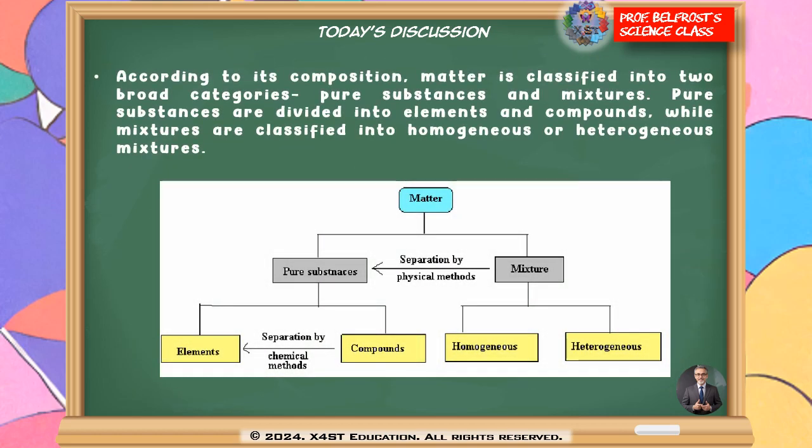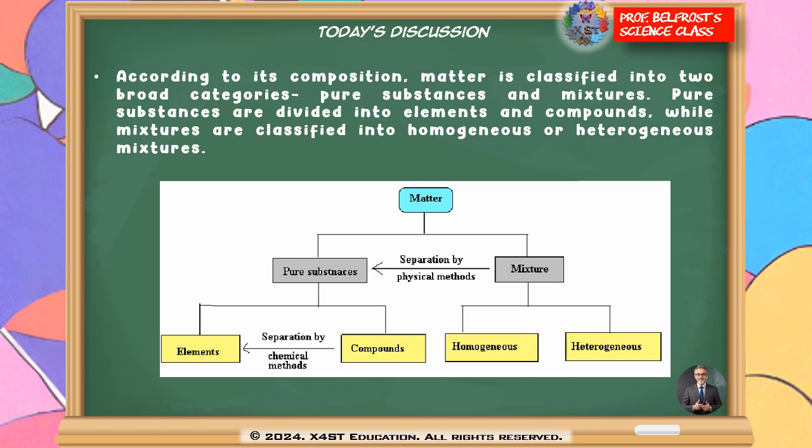Now we are talking about classification. Matter can be classified first according to its composition. Then there are two broad categories: one, pure substance, and second, mixture. Pure substances can be divided again into elements and compounds, while mixtures can be divided into homogeneous and heterogeneous mixtures.